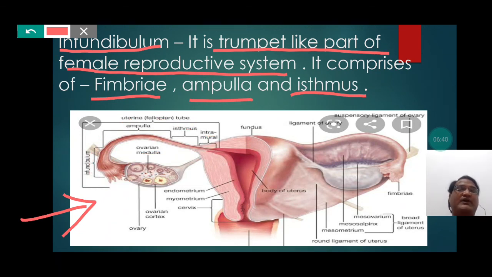This trumpet-like part is further distinguished into ampulla. Students, here you can notice the ampulla. So students, this is the ampulla which you can see here.